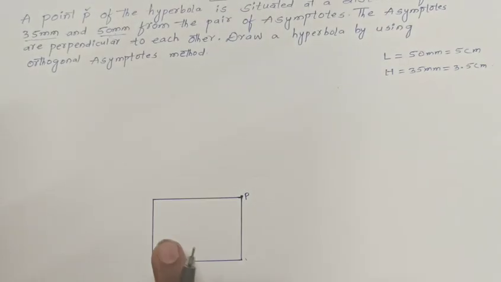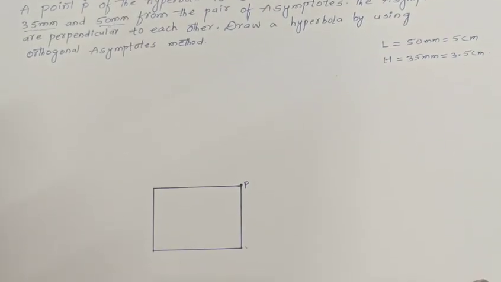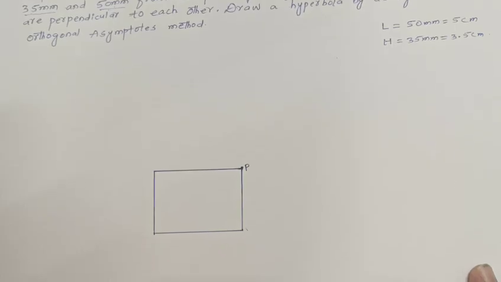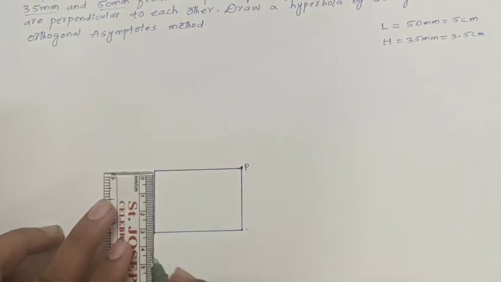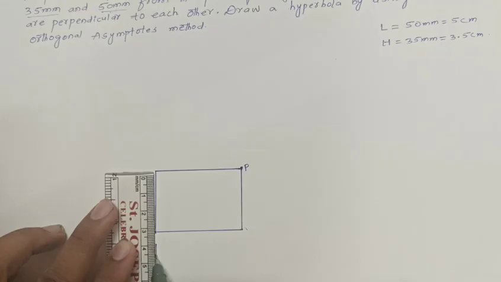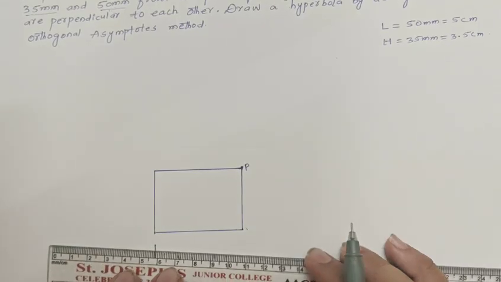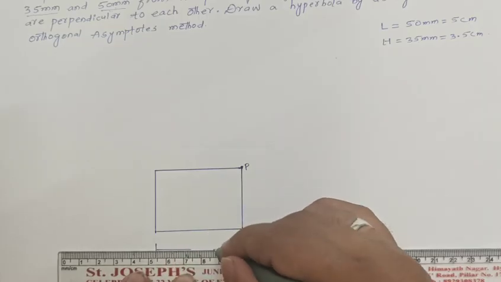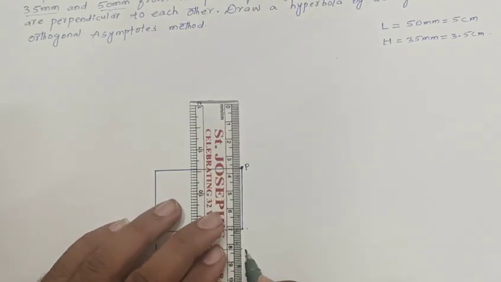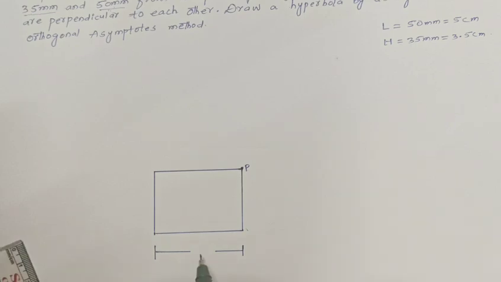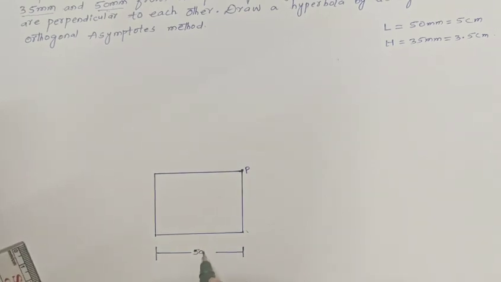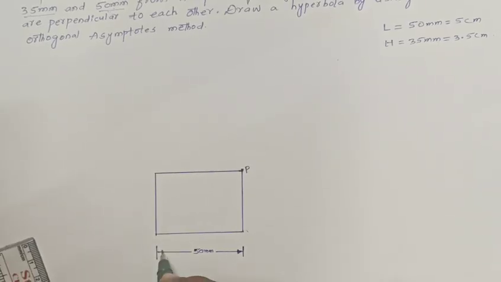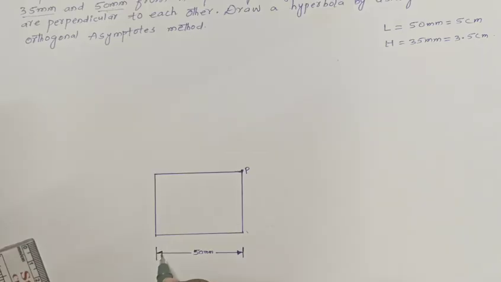Right now, we are getting the shape of a rectangle. Clear? Let's see this figure, a rectangle. I am showing the dimensions. The length, how much is that here? 50 millimeter. Show the arrow.